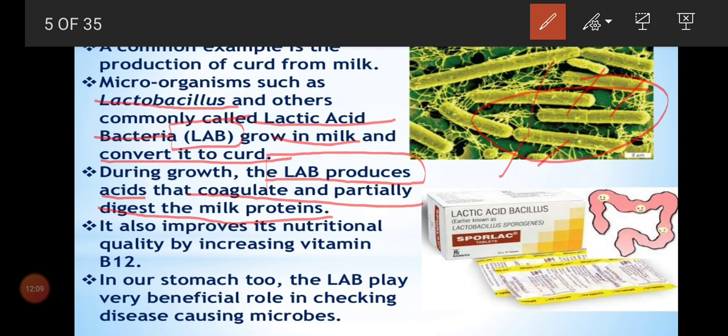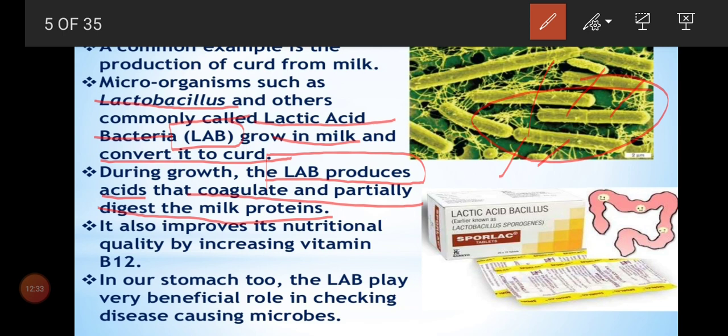For that we need a proper temperature. In that condition only this lactic acid bacteria will work, and lactic acid bacteria is an anaerobe. So we want to close and keep the culture. If we open and keep it, we will get the product, but we won't get that much effective product. And they need a proper temperature.